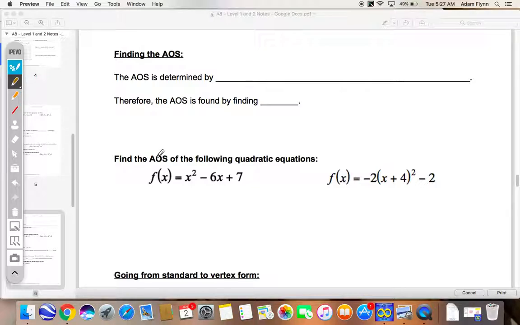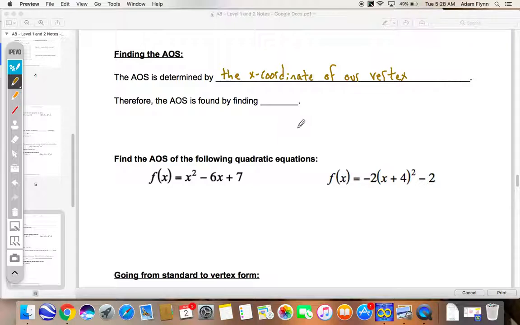Okay, so finding the AOS, or the axis of symmetry. The axis of symmetry is determined by the x coordinate of our vertex.